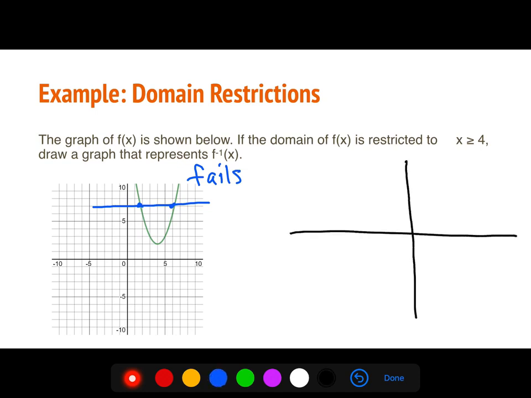So what I'm going to do is not draw all of it. I'm going to restrict its domain. In order for it to pass, I only need to have this line cross once. So what if I only draw one side of the graph?